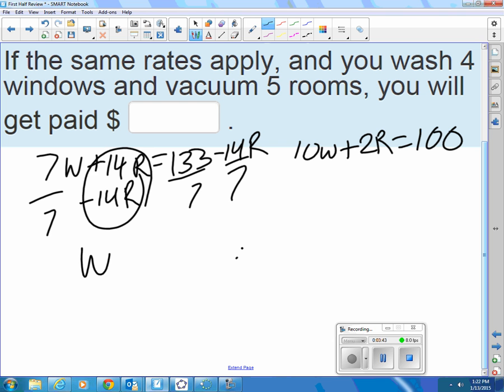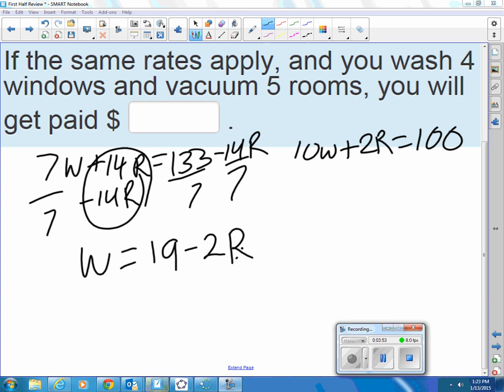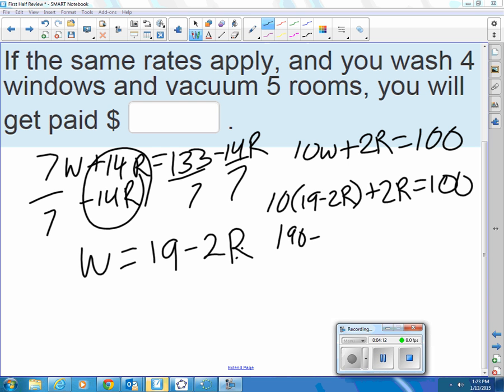That says that one window is worth $19 minus 2 of whatever I get paid for a room. So I'm going to rewrite this equation over here as 10 of those plus 2 rooms equals 100. 10 19s is 190.